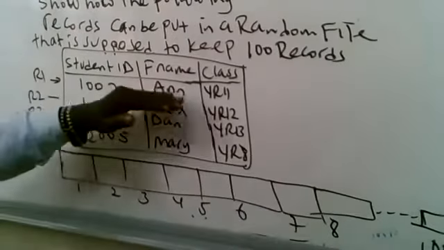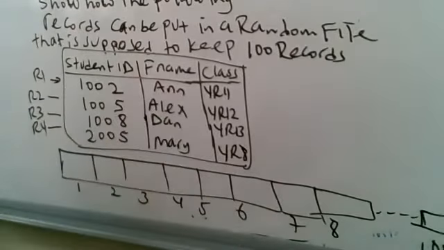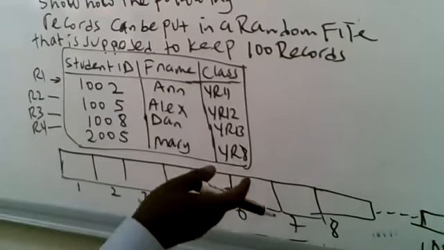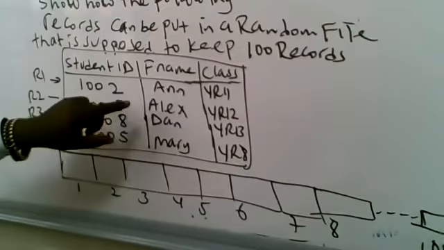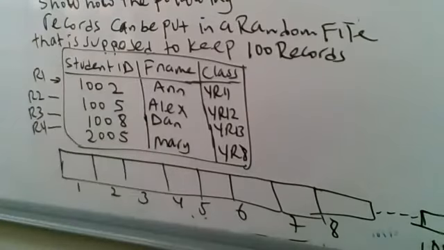So the first record we want to put is this one of Anne, having the student ID of 102 and the class year 11. So in order to know which position to put Anne, we shall perform a hash algorithm. We shall apply a formula to the student ID value, or the key value of Anne. The key value is the student ID value, which is 102.